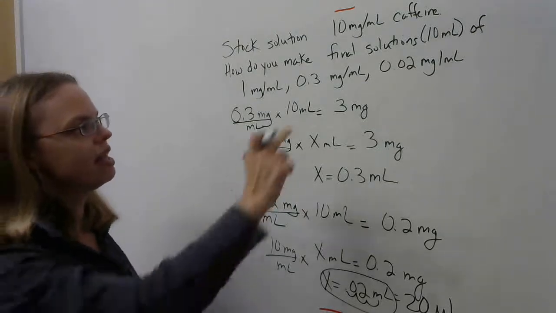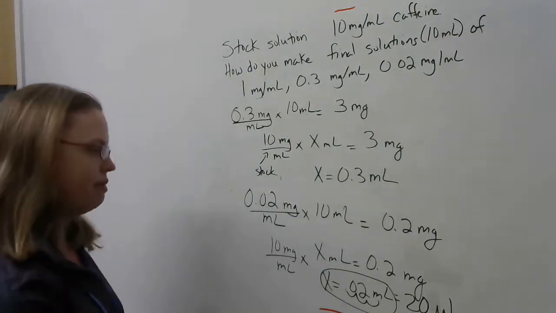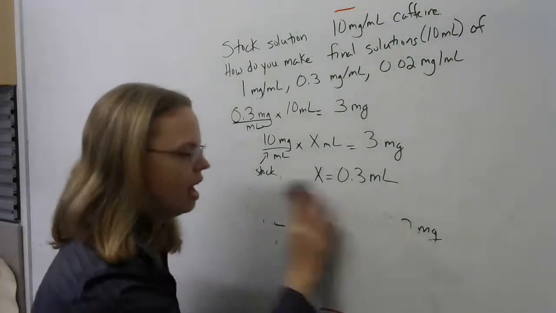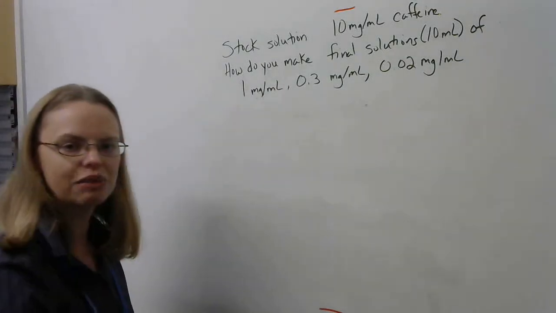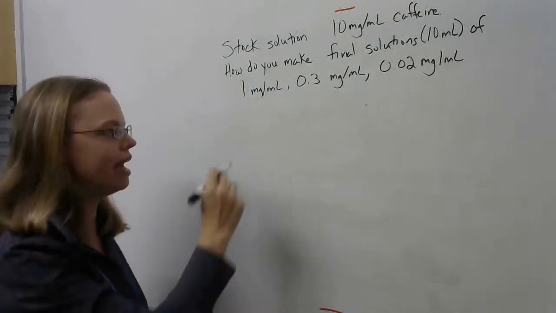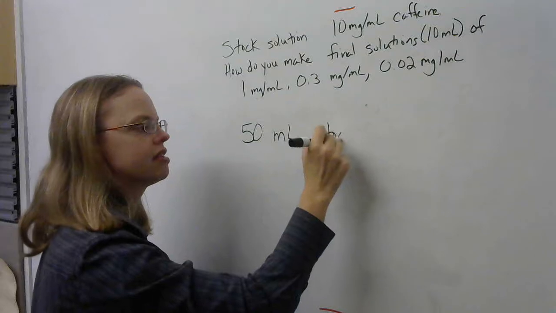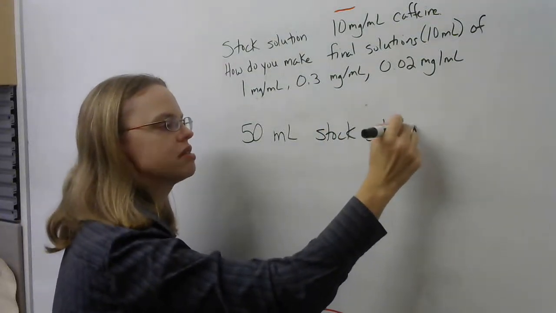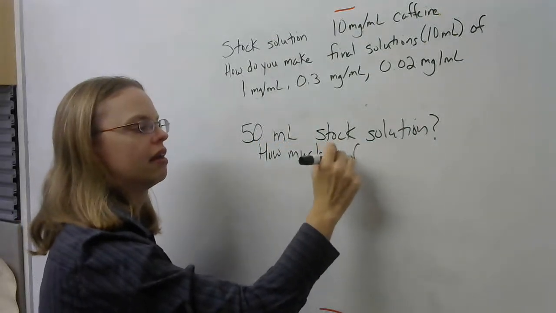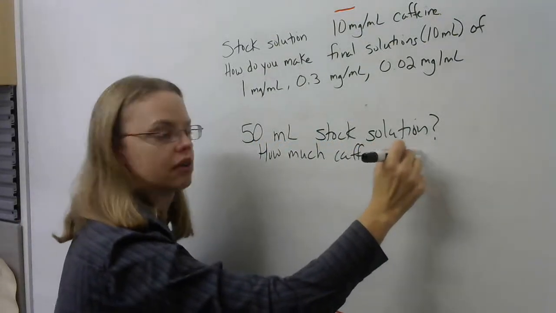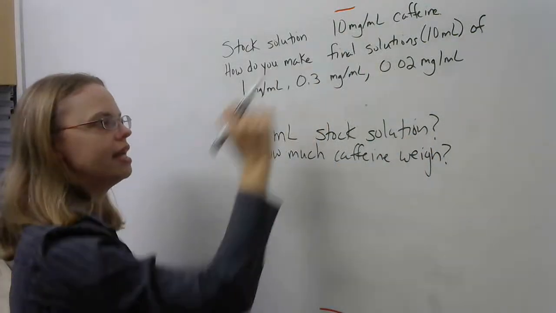One thing to think about, a bonus question: how did we get that 10 mg per mL stock solution? I did a different video where I talked about how much to weigh out using the molecular weight, but here you don't have to use the molecular weight. If the first question said, make 50 mL of stock solution, and asked how much caffeine to weigh out, it's a pretty easy calculation.